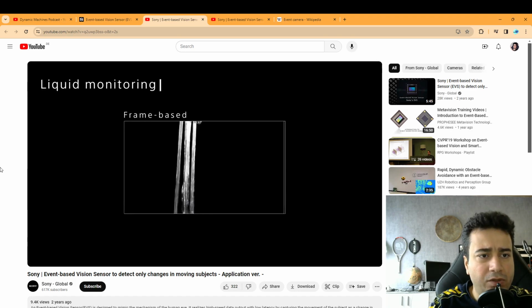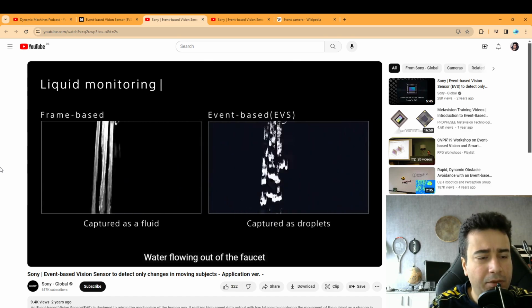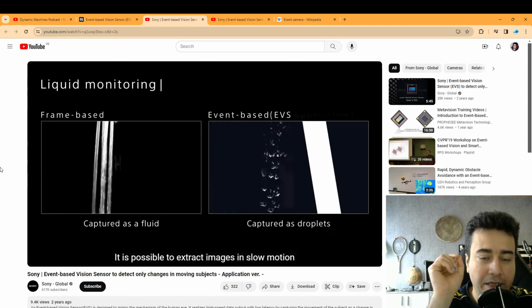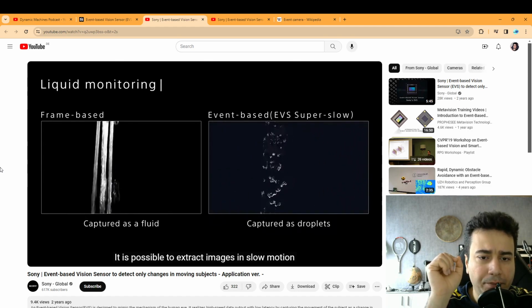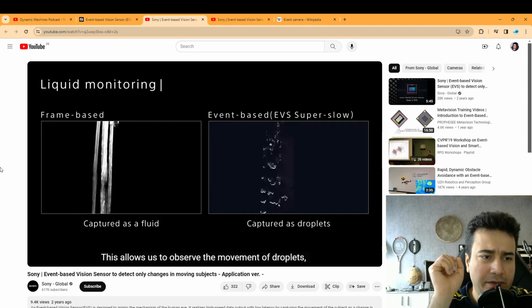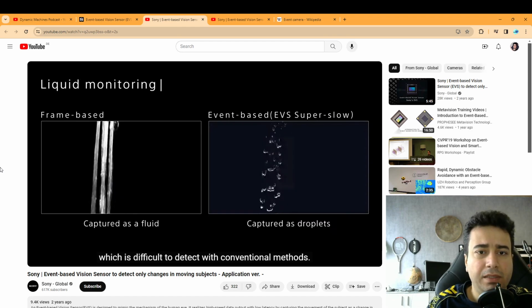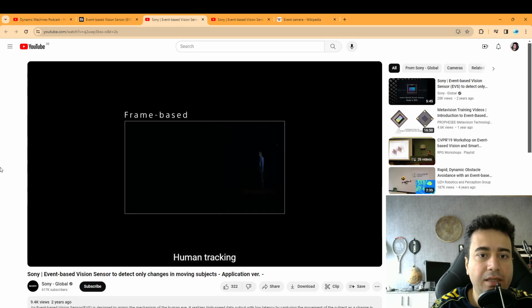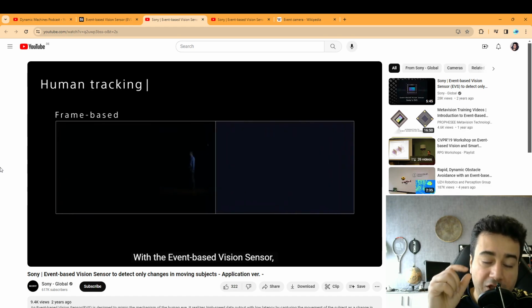The first one, as you see, the frame-based camera shows a flow of water, and the event-based one represents each single droplet of the water. You can exactly detect and position that, and that's beautiful. And in super slow EVS, you can see each droplet.